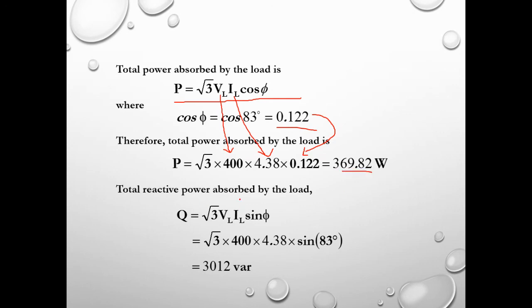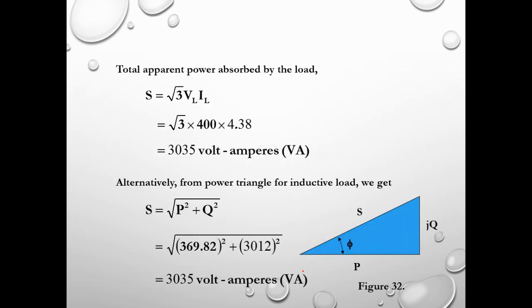For the total reactive power absorbed by the load, remember the equation: the same value of V_L, the same value of I_L, but this time we have the sine operation. The final value of Q is 3601 var. The total apparent power absorbed by the load S equals square root 3 V_L I_L. Just substitute the values of V as well as I_L, and we get the apparent power value equal to 3035 volt amperes.